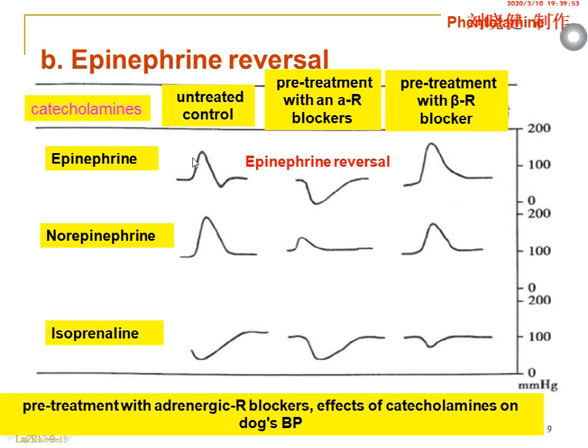After intravenous injection of a dose of epinephrine, at the beginning, the drug concentration in the plasma is relatively high. It is similar to a high dose of epinephrine. So, because of alpha receptor activation in the blood vessels, it induces an obvious vasoconstriction, so blood pressure increases obviously.